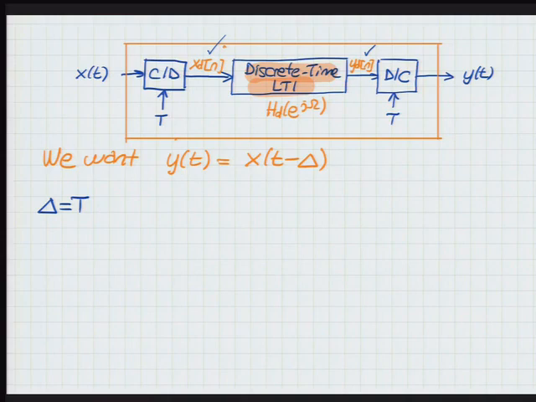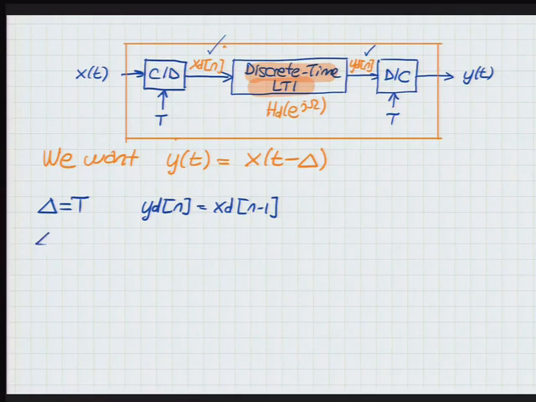So that means the discrete time LTI system would have to have an impulse response that looks like, actually before the impulse response, basically yd of n will have to be xd of n minus 1, because the clock ticks here every T seconds. Does that make sense?